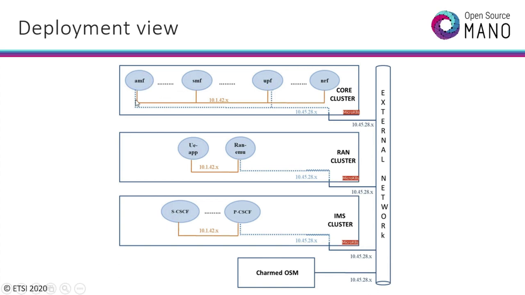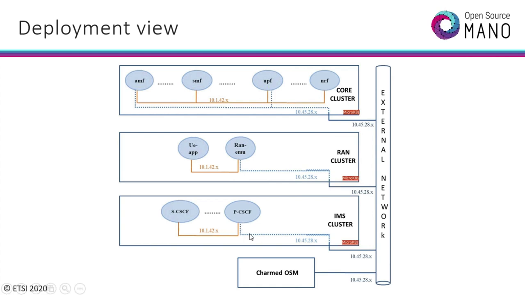Taking a deeper look at the core cluster, we can see the core pods here, like AMF, SMF, UPF, and NRF. These pods communicate in two ways. One is with each other using the Kubernetes network, which is represented here with the orange solid line. With the external network, they communicate through the Kubernetes load balancer service, represented with the blue dotted lines.